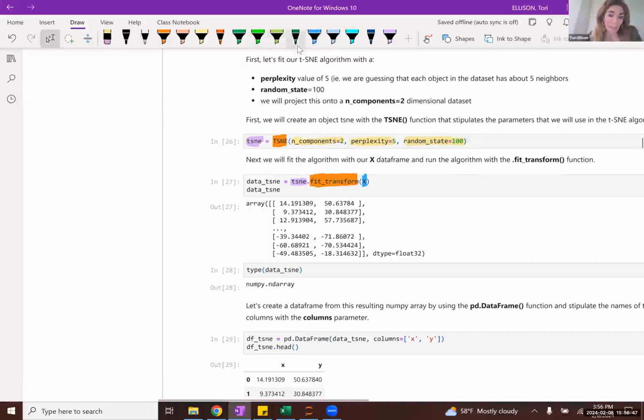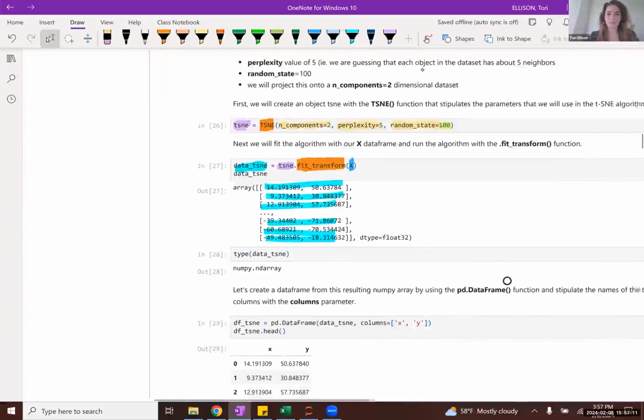And then the transform part will spit out a relevant output for that particular algorithm. The relevant output for the TSNE algorithm is going to be our 2-dimensional TSNE coordinates for each of the observations in the data set.